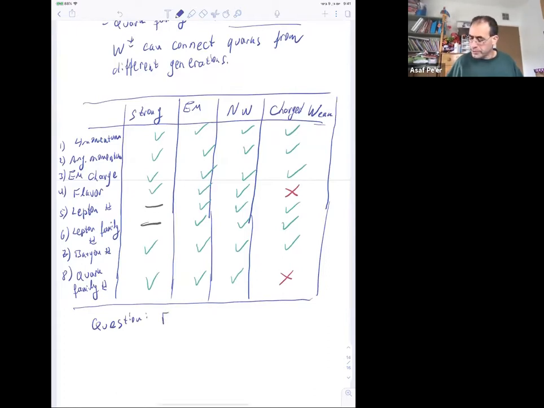For each of the following processes, determine whether the process is allowed, and if not, then what conservation laws does it violate?